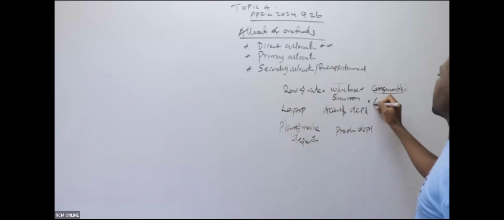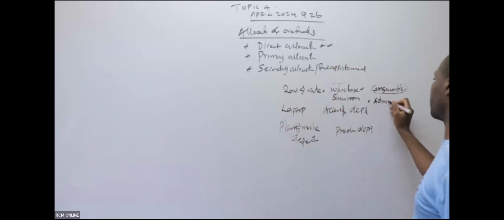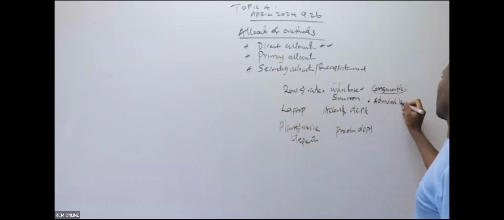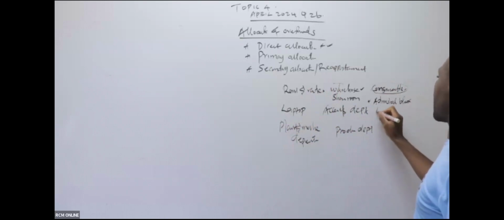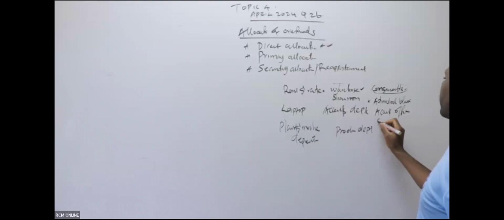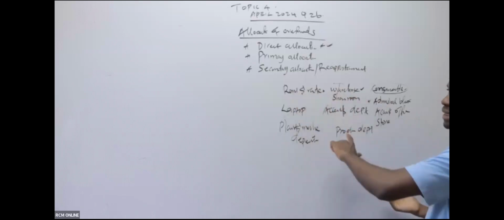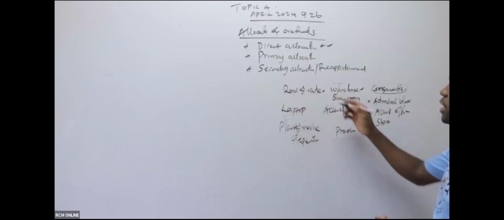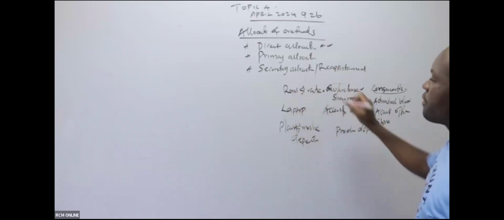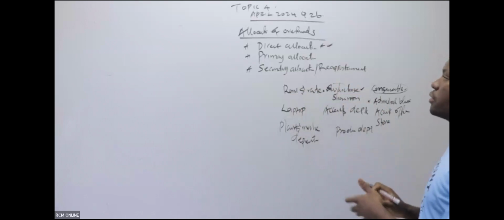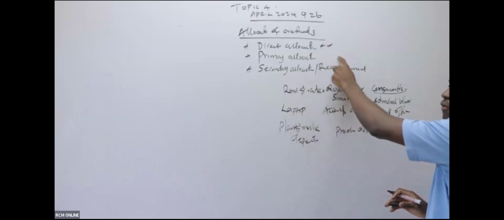Then we have the administrative block, right? We have maybe the accounts office. We have the store where raw materials are stored before they are used. The company has to pay rent for all these spaces. When they pay for rent, they pay, let's say, a lump sum figure. So we have to do what we call primary allocation for this rent.